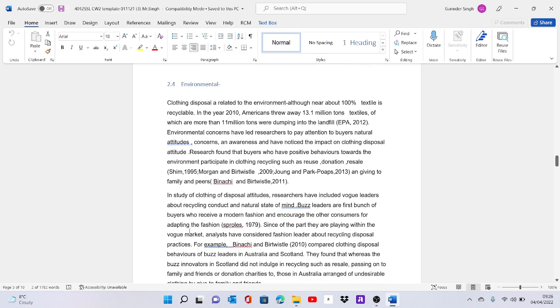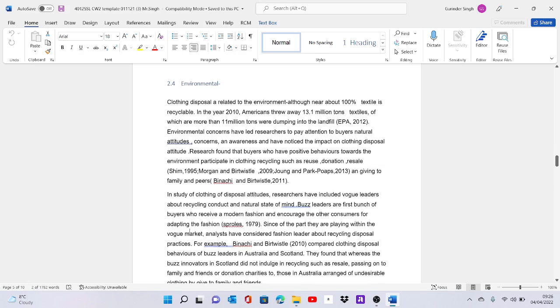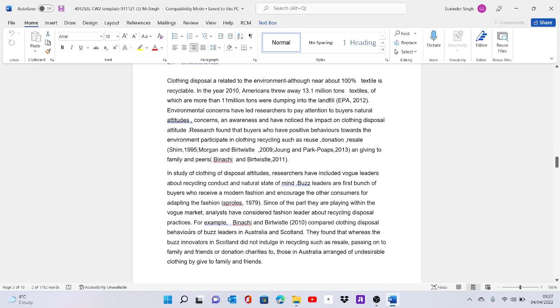In studies of clothing disposal attitude, researchers have included fashion leaders in relation to recycling product conduct and environmental state of mind. Fashion leaders are the first group of buyers who receive a modern fashion and encourage other customers to adopt the fashion. Since of the part they play within the market, they have been considered fashion leaders about recycling disposal practice.